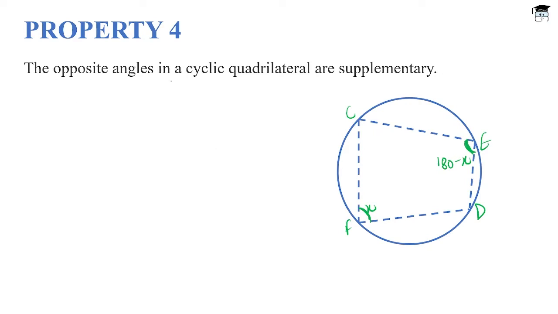This property says that the opposite angles in a cyclic quadrilateral are supplementary. That means the total of X plus this angle is equal to 180 degrees. So the sum of opposite angles is equal to 180 degrees. So if one is X, the other one would be 180 minus X.